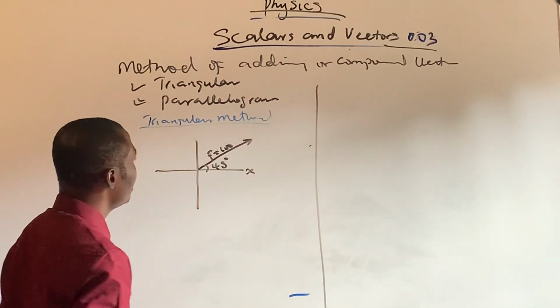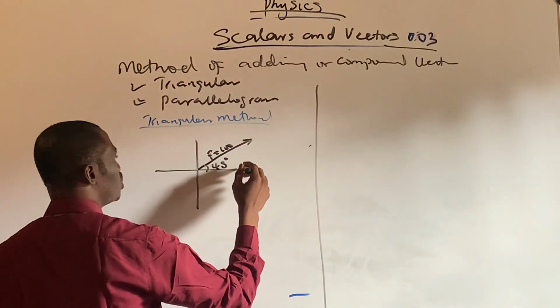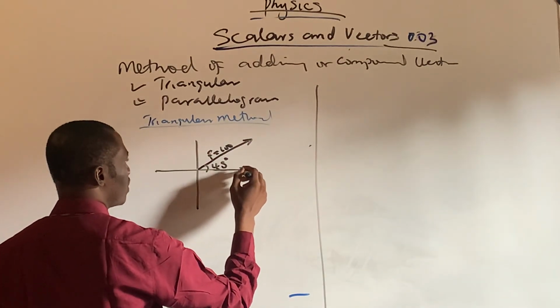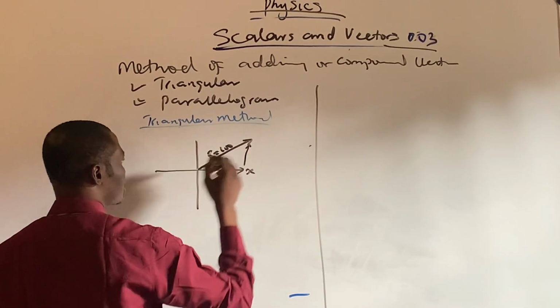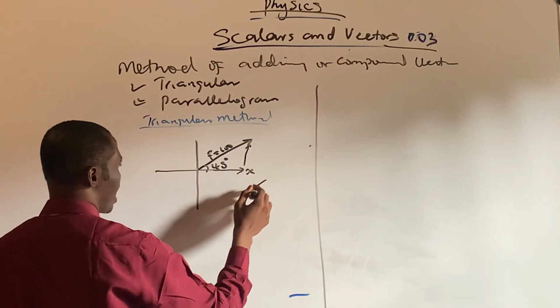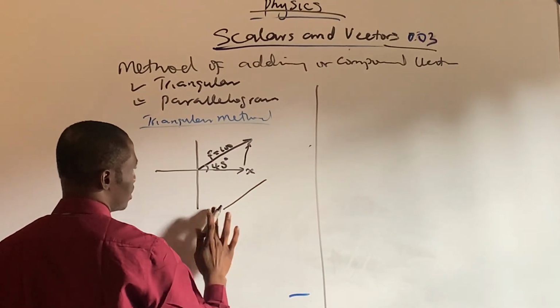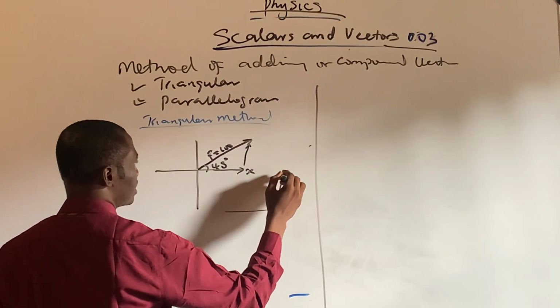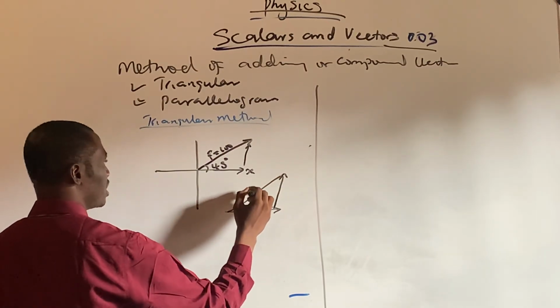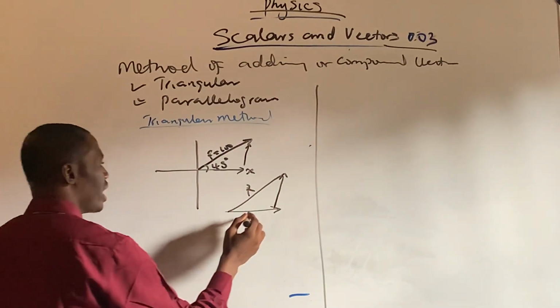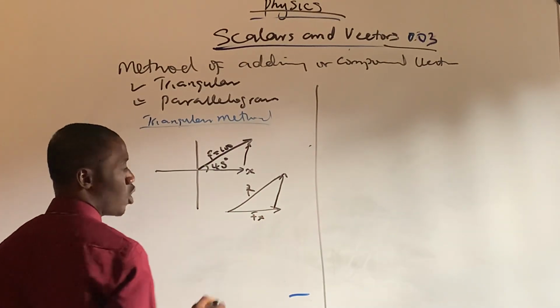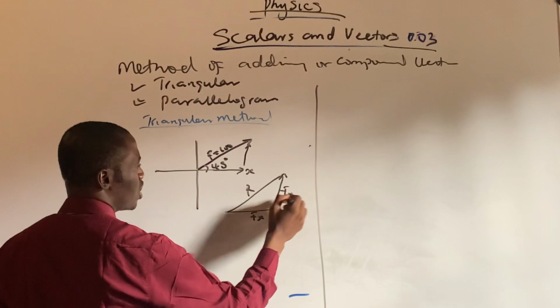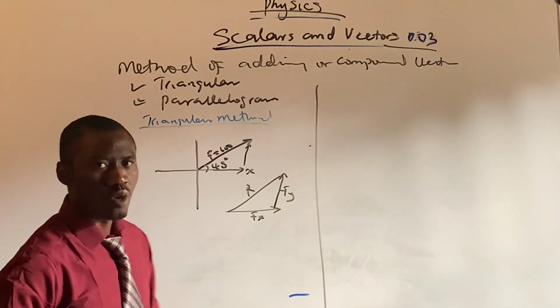Now, if you look at this illustration graphically, you'll find out that if you join this vector to this vector here, we have a triangle. We have something like this, and then we have this, and this is the resultant vector. While this is the force of the x component, this is the force of the y component.